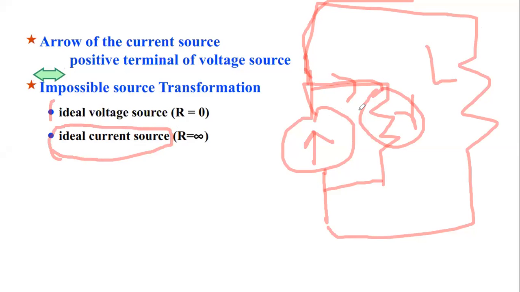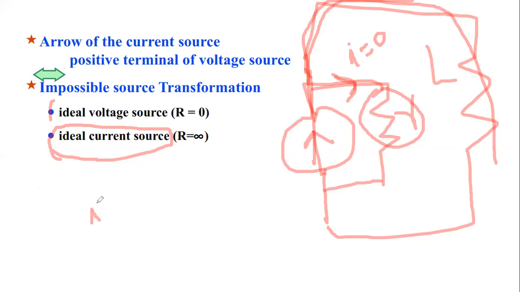Now what is an ideal current source? Ideal current source means the current should always be constant. Whatever current is flowing from here, it should be constant in the load also. There should not be any current fluctuation. It means current can only be made constant if there is no current in the internal resistance.